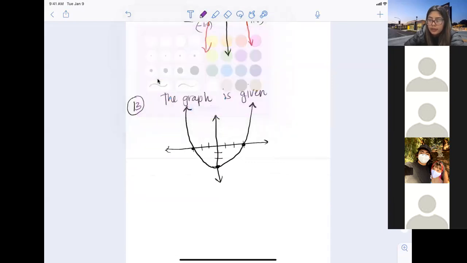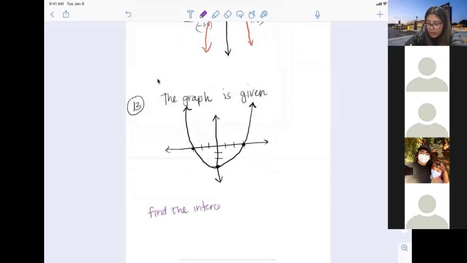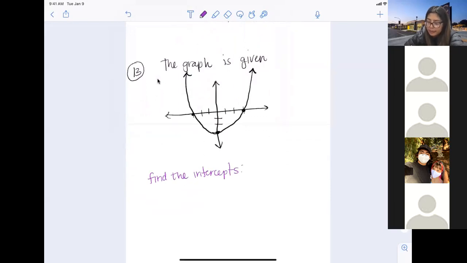Now I'm going to ask you a few things. I'm going to tell you find all the intercepts of the graph, and then determine the symmetry.